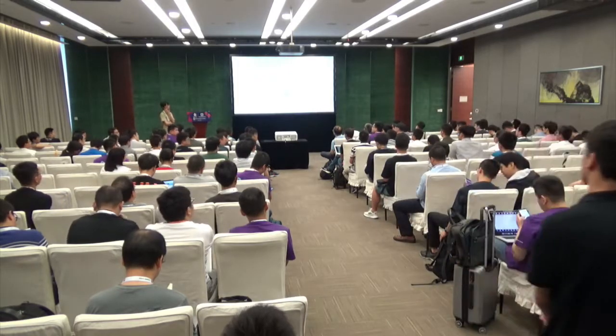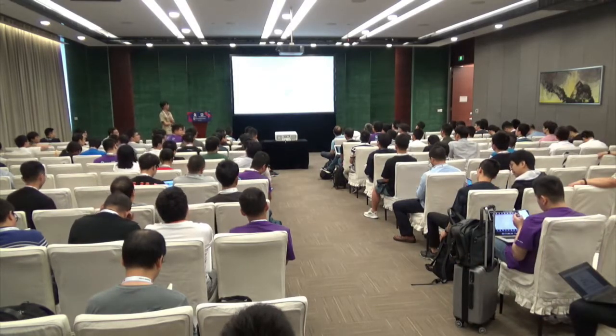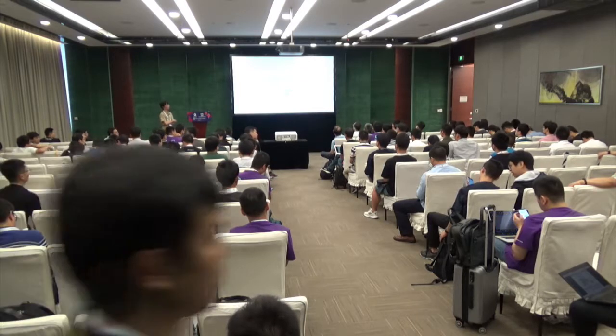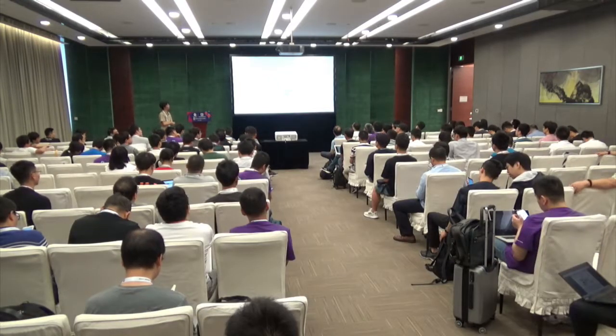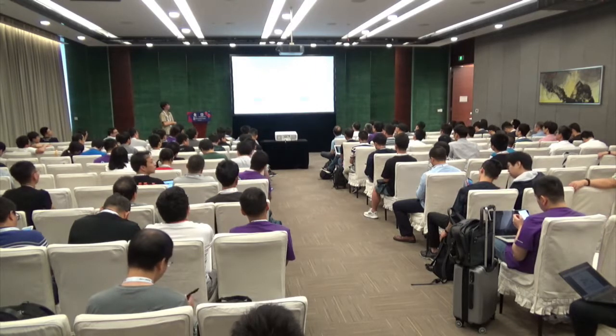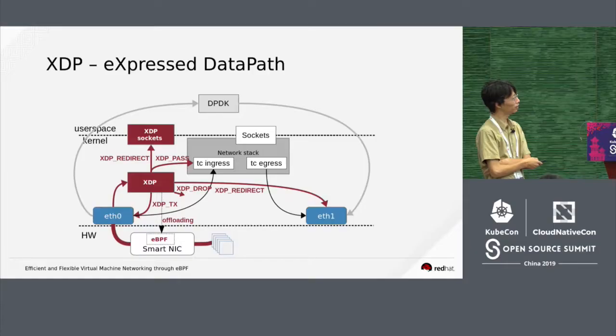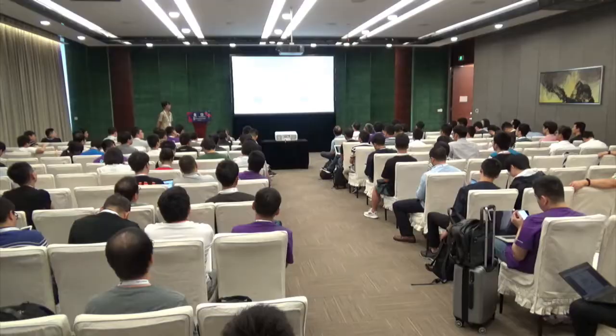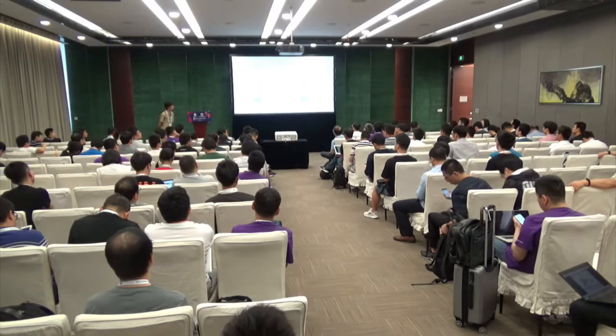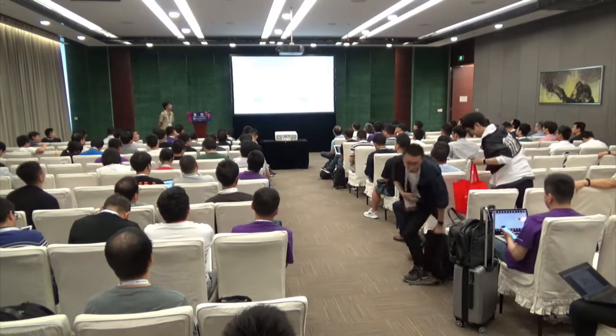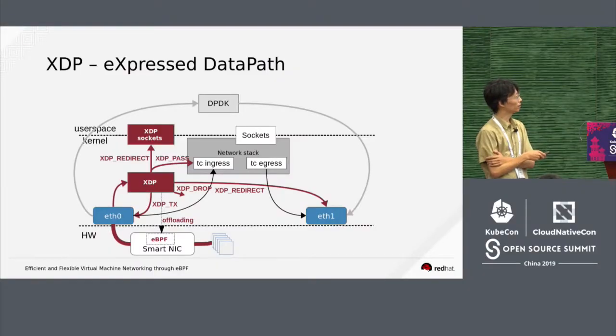I have a question. When processing packets, we have this high-speed architecture, but I think the performance is not that good. XDP is kind of in between in terms of performance. So in what kind of situation do we need XDP?